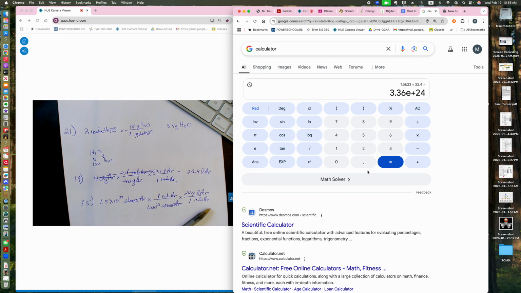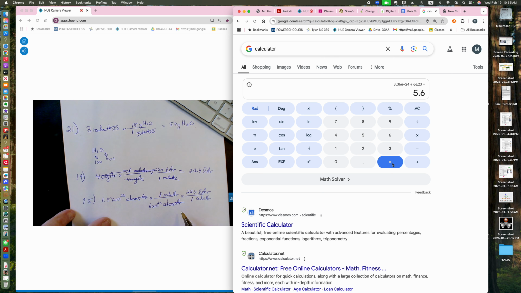That gives me that number, 3.36. This E means times 10, and that's to the positive 24th power. We have to divide by the number on the bottom, so we're going to divide by 6, and then the EXP again, and this time 23, right here. Equals, final answer, 5.6. So we would get 5.6. Moles have canceled. Atoms, of course, canceled already, so we have liters of argon left.